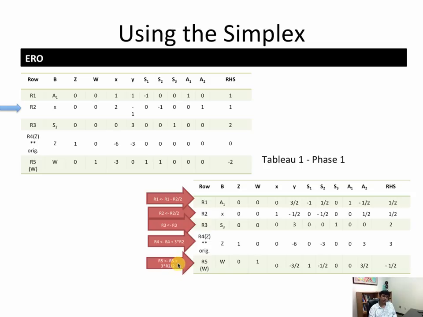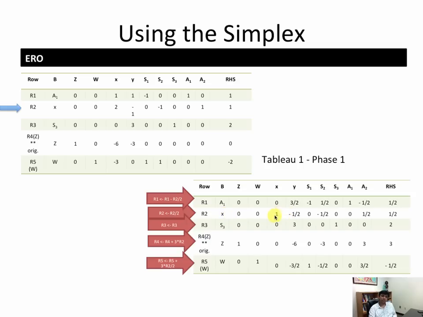Again, just reiterating, how do we know which rows are part of an operation? The idea is simple: you have to pick up the row that you're working on and the pivot row. So the operation of the first row has to be between R1 and R2, and the intent is that I have to make everything in the column X 0 because I'm transforming X in row 2 into a basic variable.